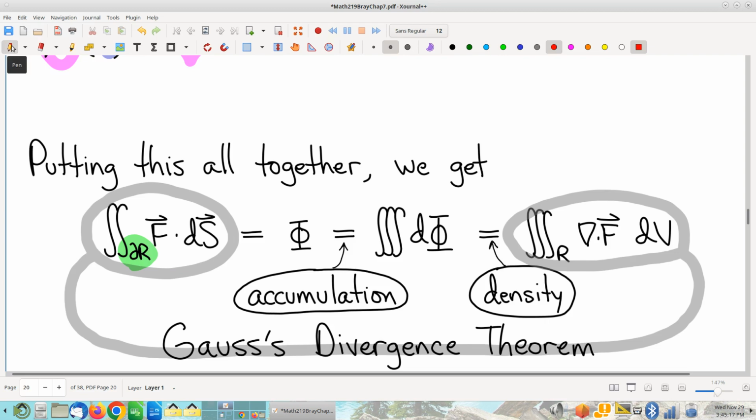I'm going to presume that we have a question: compute a flux through some surface. I'm going to call it P, just so it doesn't look like S. Compute the flux through some surface P of some vector field F dot dS.